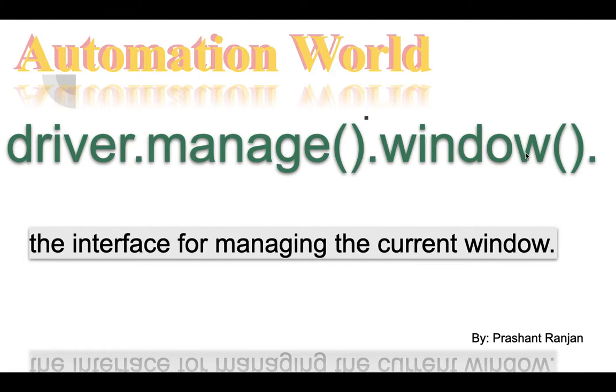The window method in Selenium will manage the current window, like the size of the window, the position of the window, and maximizing it up to full screen. This kind of window management we can handle with the window method, or you can say the window interface.